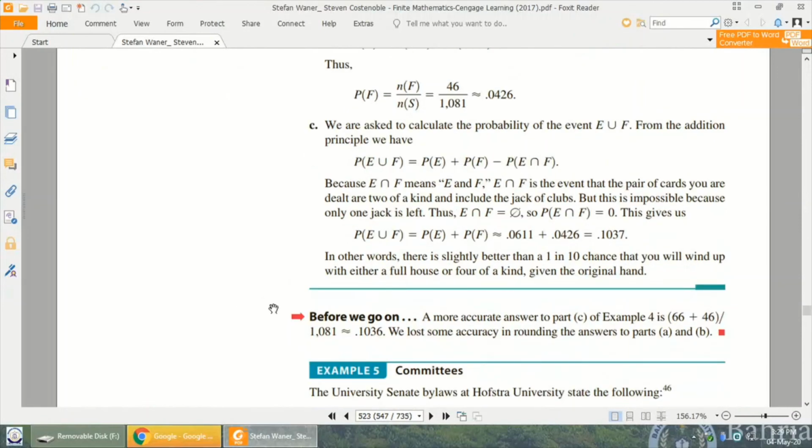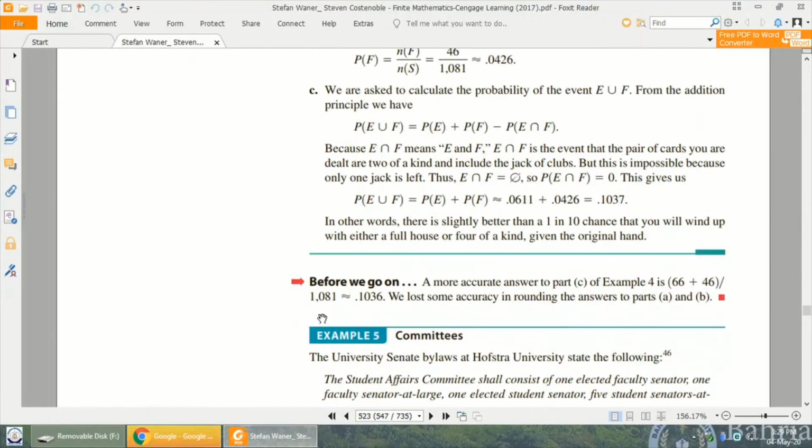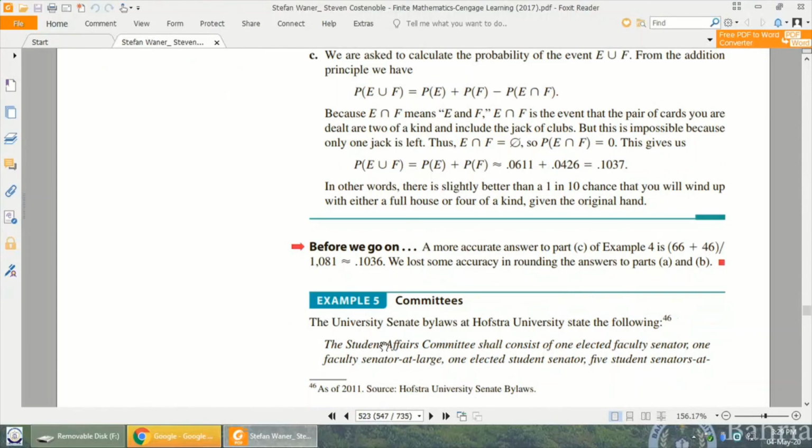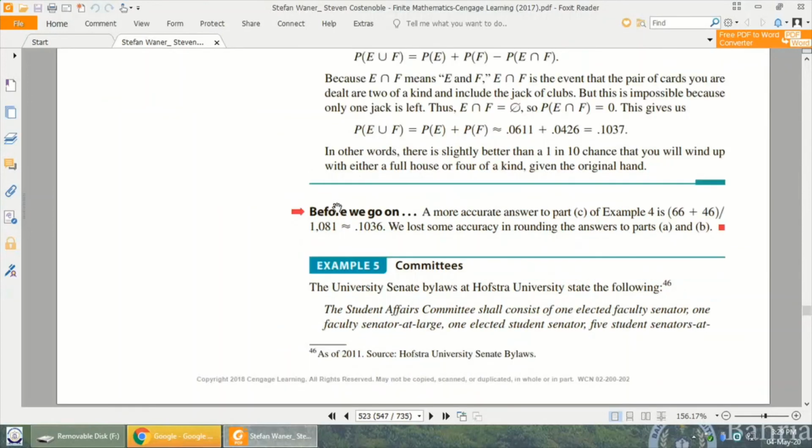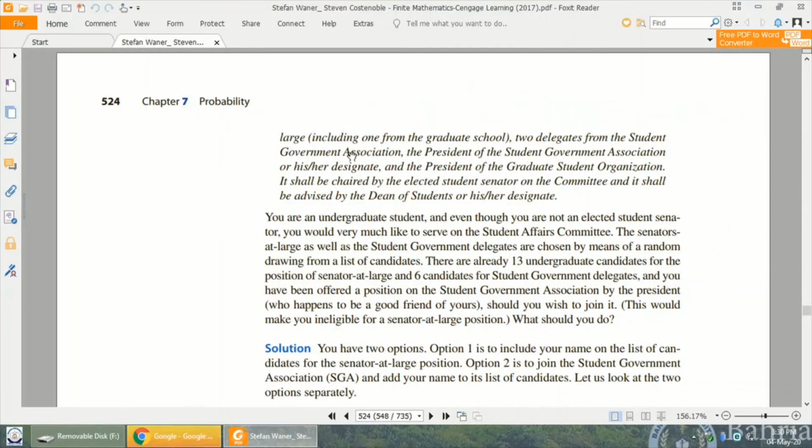Let me just revise this to you. The University Senate bylaws at Hofstra University state the following. The student committee shall consist of one elected faculty senator, one faculty senator at large, so there are two. This is the third one, and then one elected student senator and 5 student senators at large, including one from graduate studies.